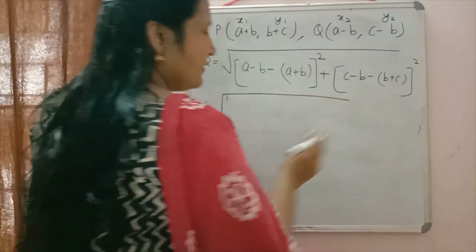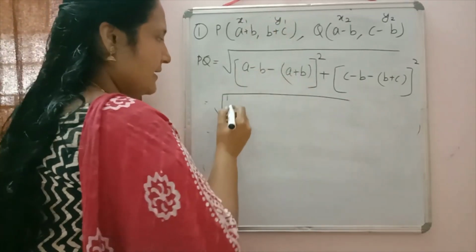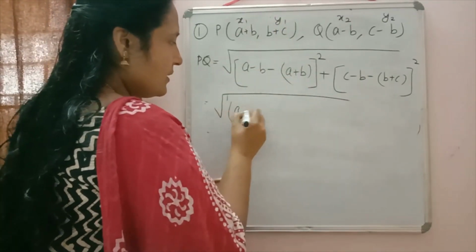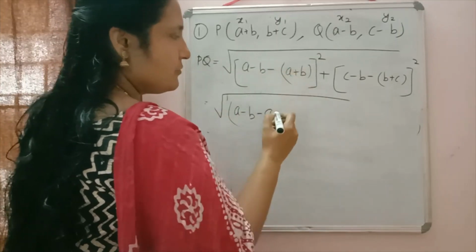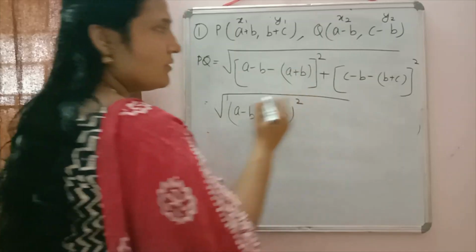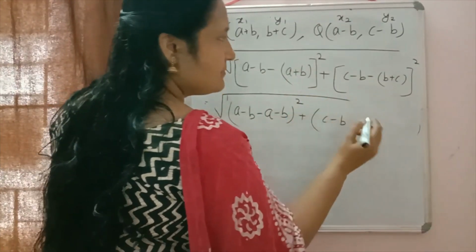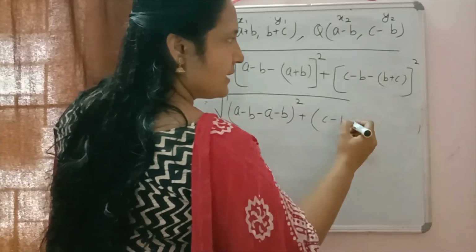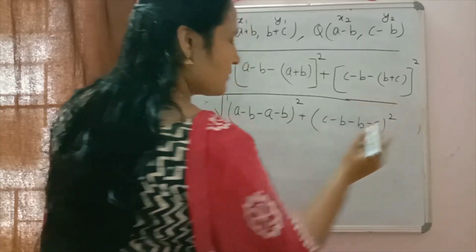Square root of, now we can open the bracket there, the negative sign will get multiplied inside. So it will be equal to (a minus b minus a minus into plus, minus b) the whole square plus (c minus b, again the negative sign will get multiplied inside, minus b minus c) the whole square.